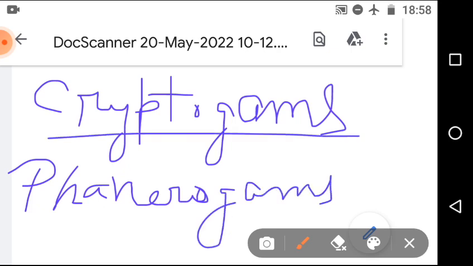Cryptogams refer to those plants or plant-like organisms like fungi, slime mold, and plants like mosses, lichens, and ferns. Cryptogams are those plants or plant-like organisms that produce spores. They don't produce any seeds, they produce spores. What are spores?